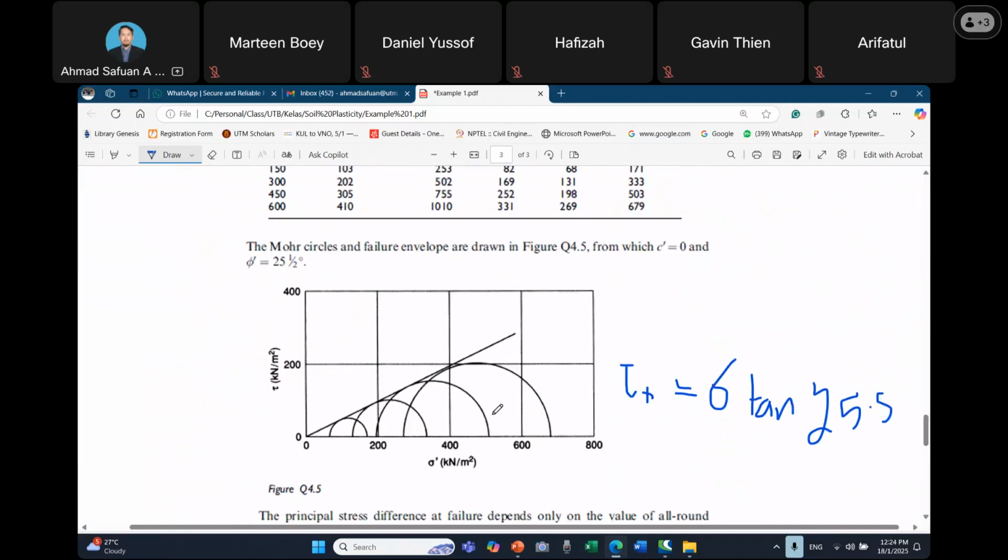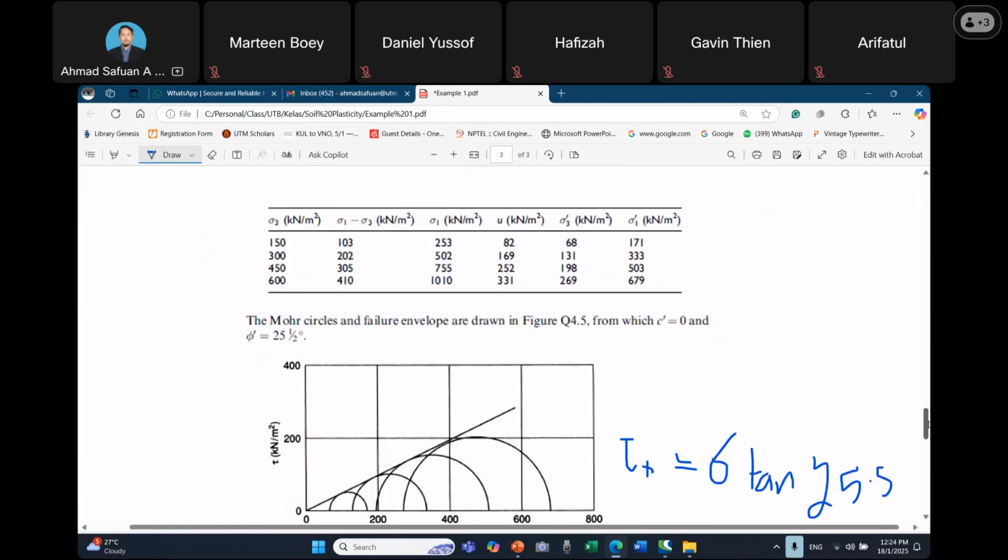Sigma 3, if the sigma 3 is 250, and this is sigma 1, 300.